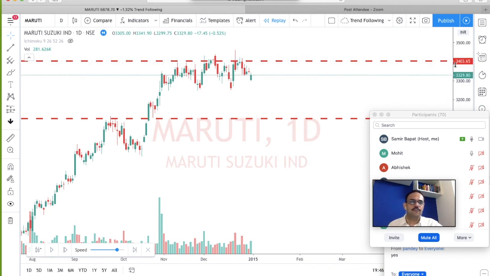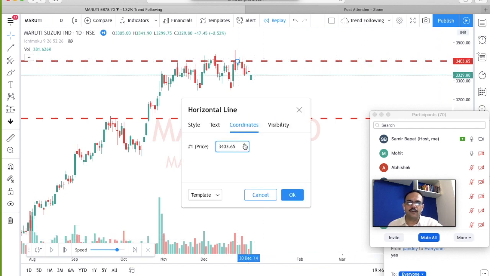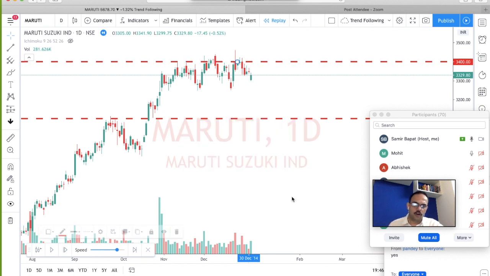So typically if you have something like this 3403 here on the right hand side where my mouse is moving, just click on it and round it off to 3400. So normally you will find that people are more or less comfortable with the round number, so just round it off. It's just a suggestion to make it appropriate.